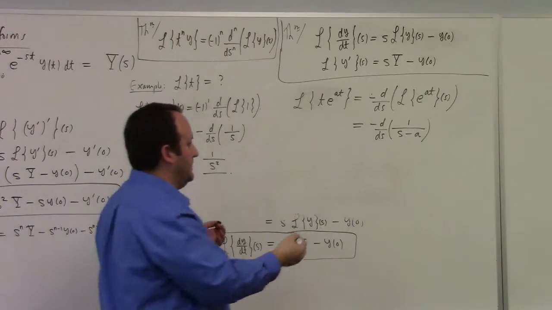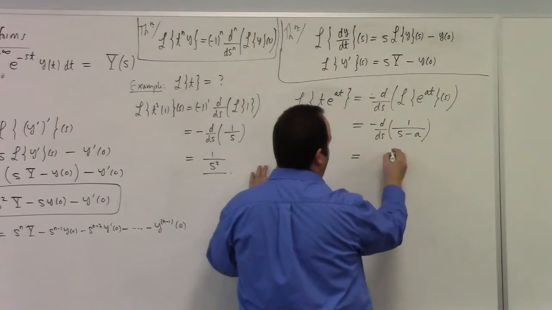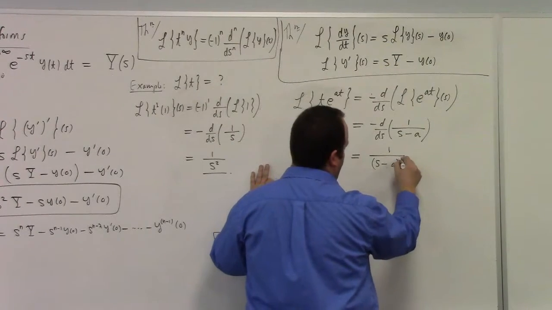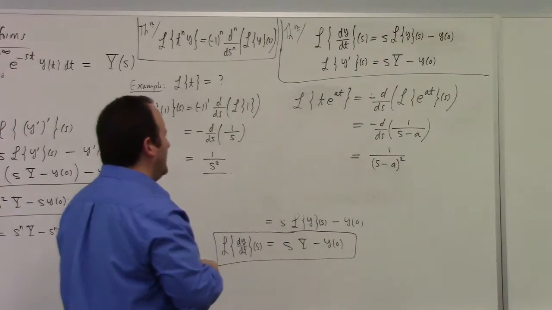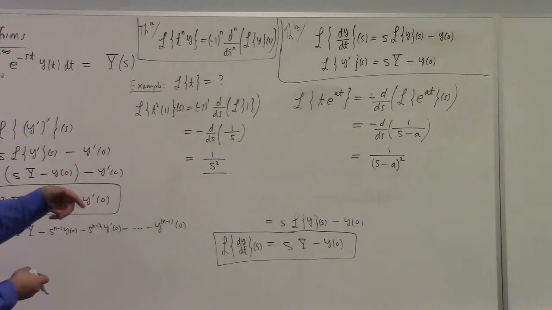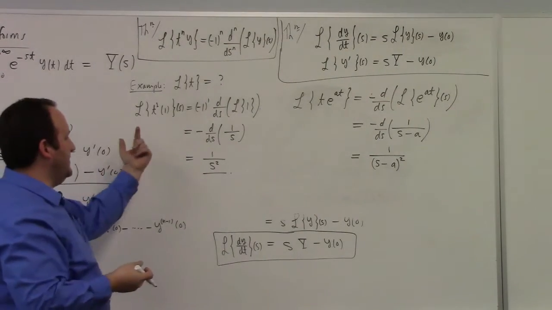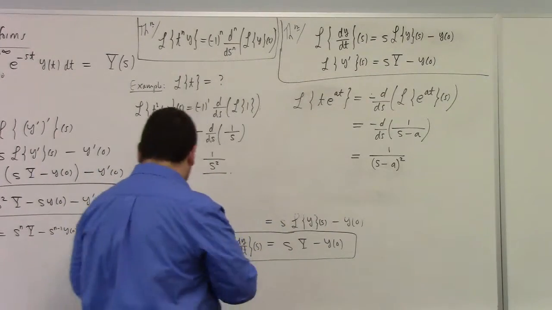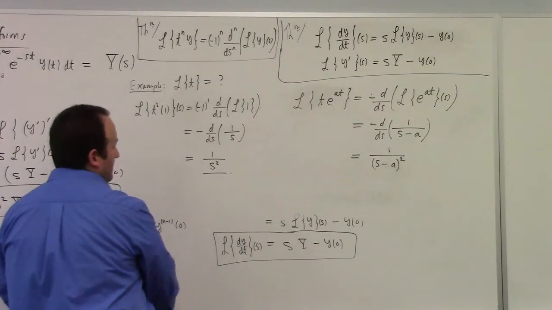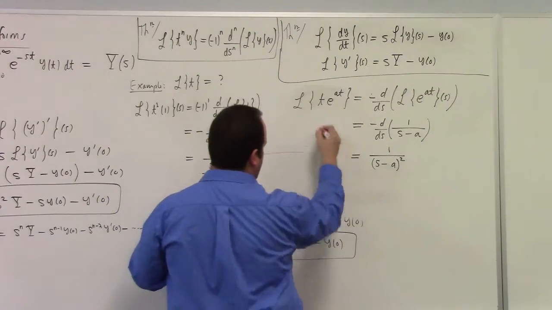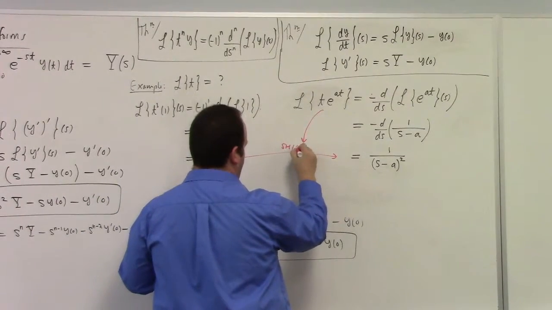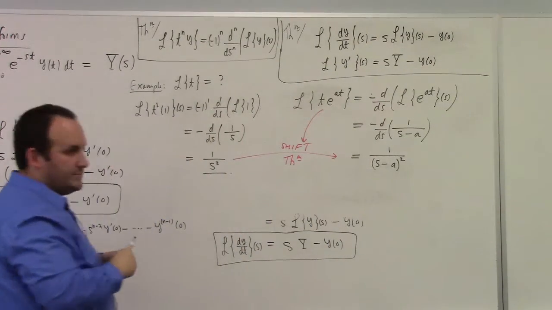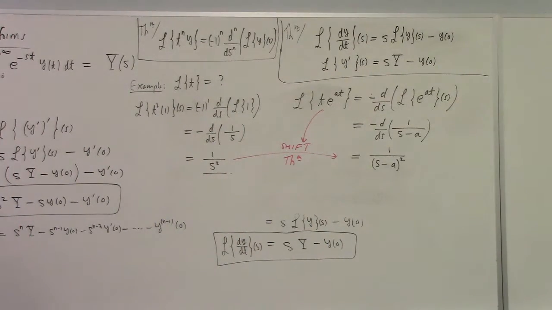Differentiate that, what do you got? Well, duh, I didn't need to do that. We could have used the shift theorem. If we know this, the shift theorem automatically says that, right? Sorry, guys, I'm not being lazy enough.